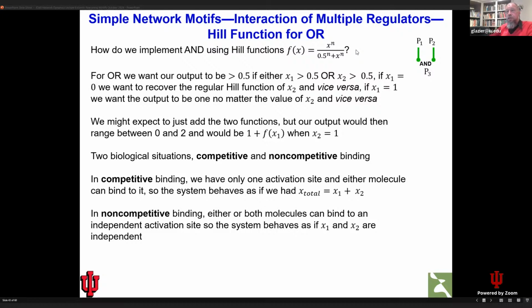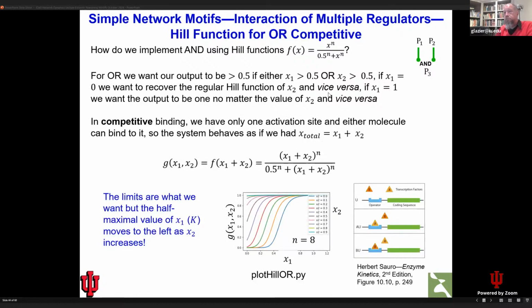In non-competitive binding, we have two separate binding sites. They ignore each other, and x1 and x2 behave independently. And so here's the competitive binding case, x1 plus x2 to the n over 0.5 to the n plus x1 plus x2 to the n.